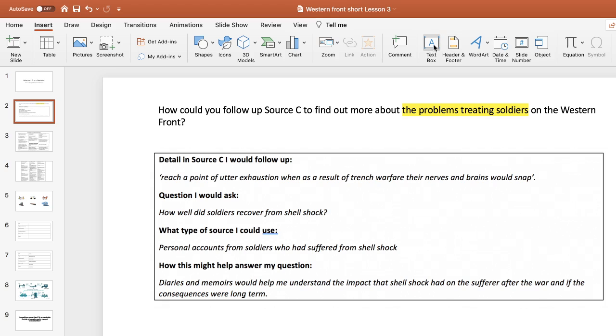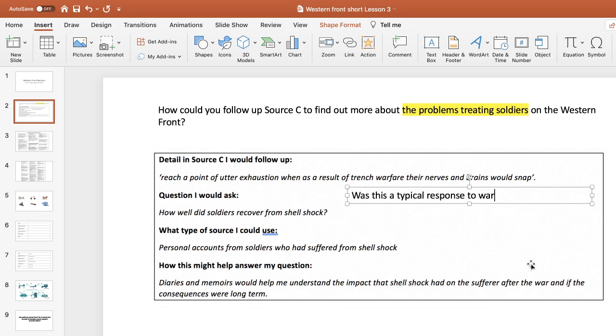Phrases that you can think about to make sure that you are asking good questions: let's say my quote here is reach a point of utter exhaustion when, as a result of trench warfare, their nerves and brains would snap. So I might ask, was this a typical, so typical is a nice word, response to warfare? Or I might ask about a particular range or the effect of something.